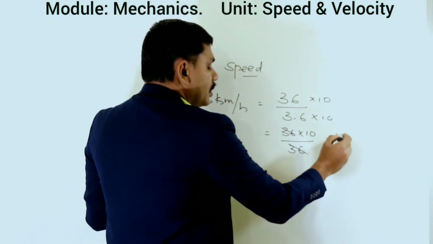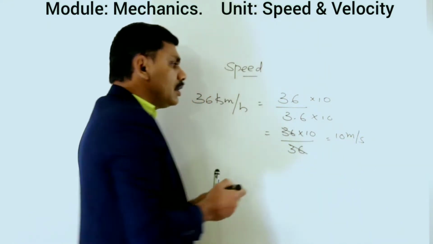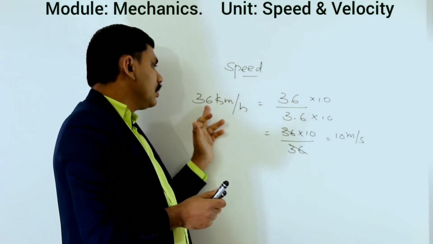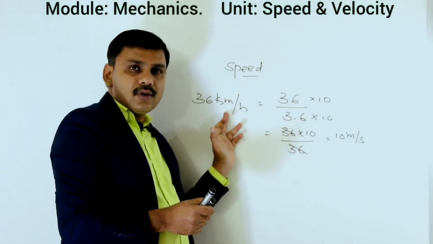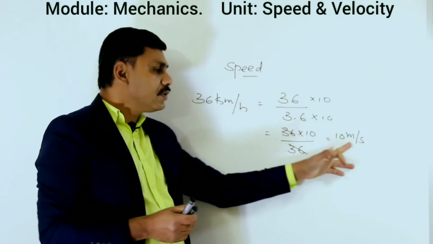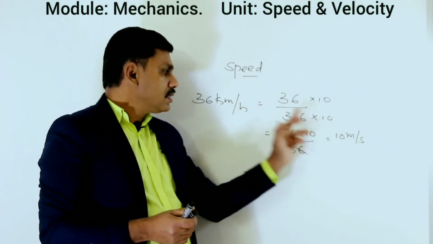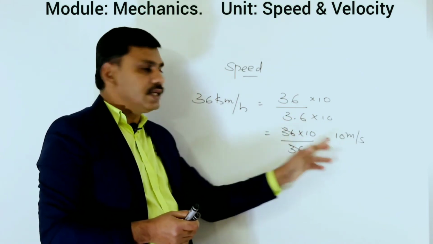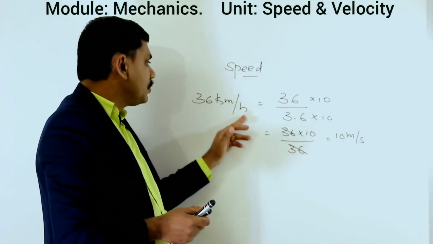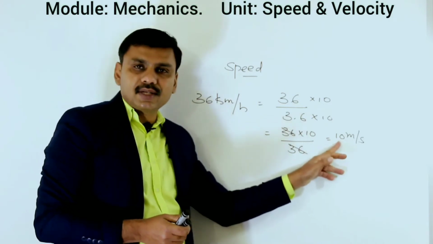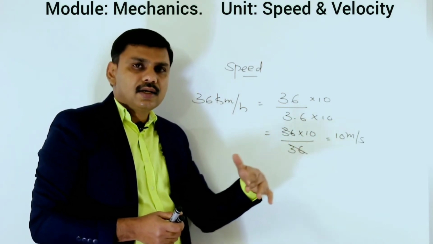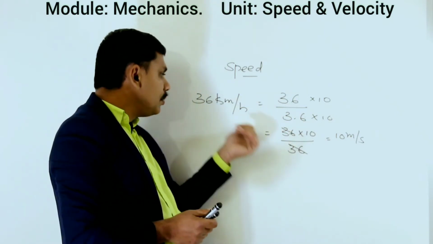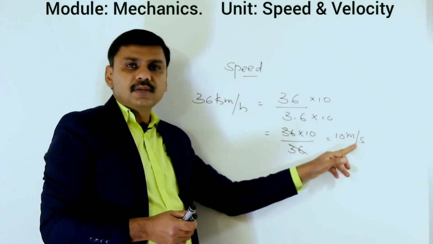It will be 10 meter per second. So to convert kilometer per hour to meter per second, just divide with 3.6. That means 36 kilometer per hour and 10 meter per second are the same, but the units are different.